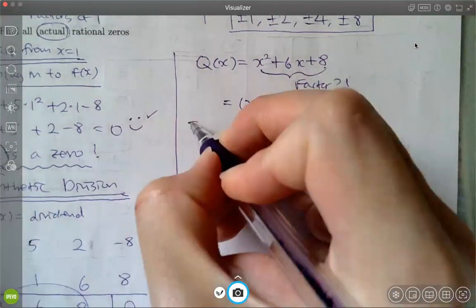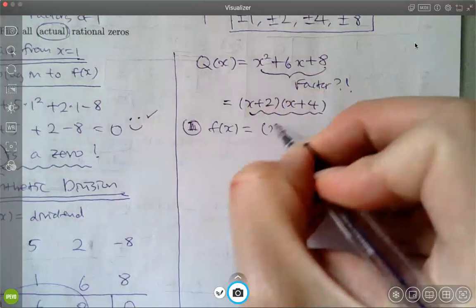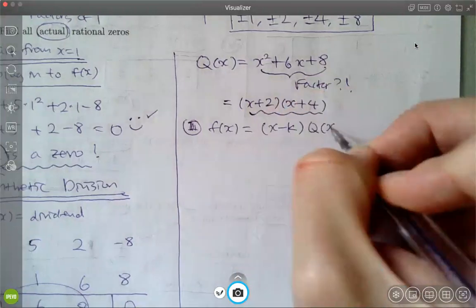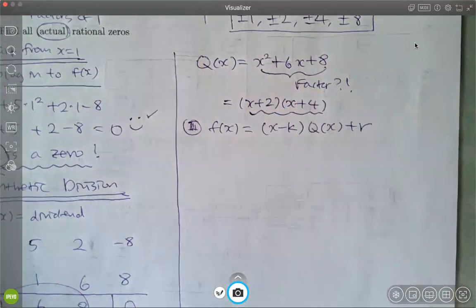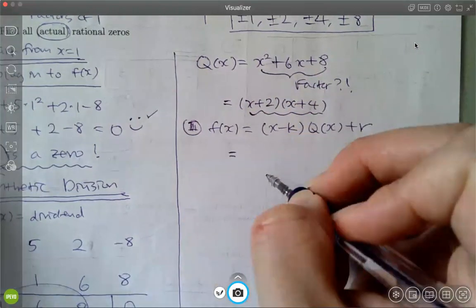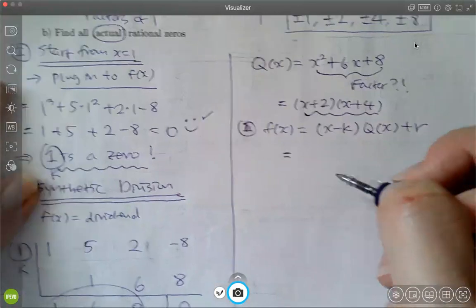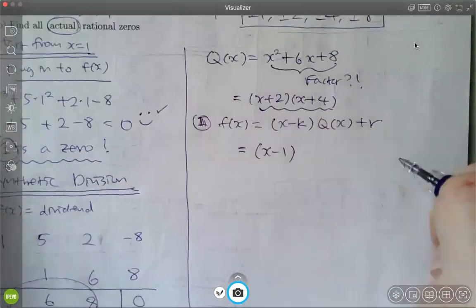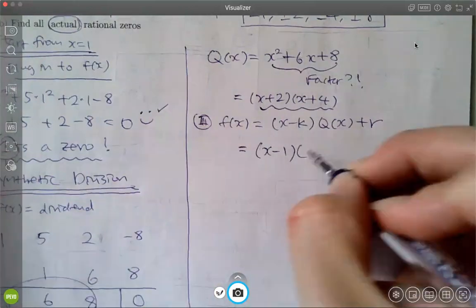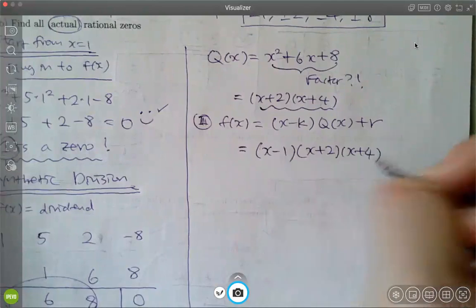Remember we had this earlier fact: x minus k times q of x plus r. Here k was 1, so x minus k would be x minus 1. And then the quotient is x plus 2 times x plus 4, and the remainder was 0, so it's just that.